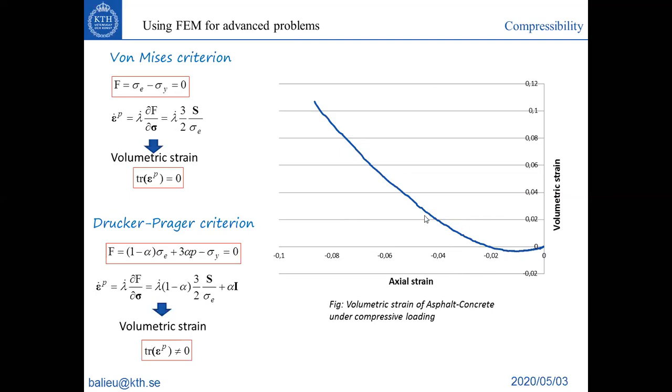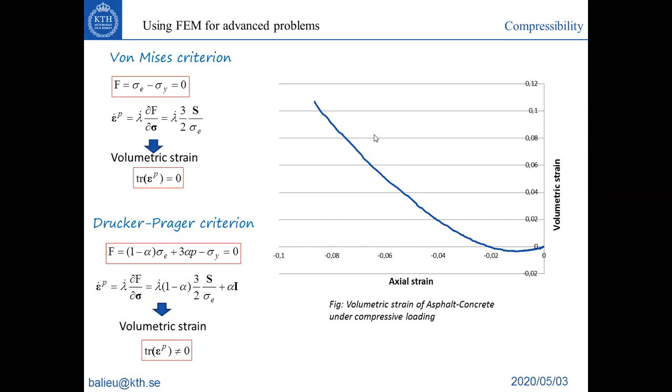But what you can see is that there is an increase of volumetric strain when you increase the strain, so certainly when you increase the plasticity. If you use the von Mises yield criterion, you will not have this kind of evolution of the volumetric strain.